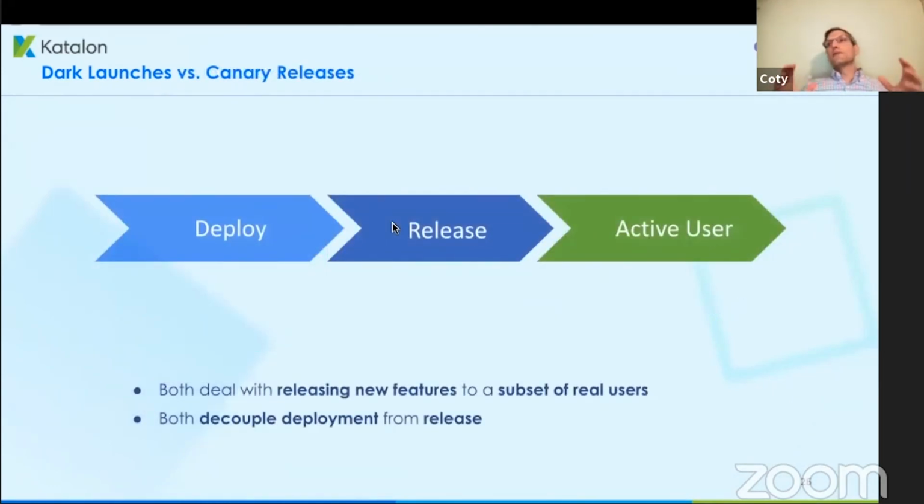So having talked about those two deployment strategies to support shift-right testing, I just do want to take a little bit of time to compare and contrast them, because they both deal with releasing new features to subsets of users, and they both are about decoupling deployment, so putting software into production, from release, making it visible to users.